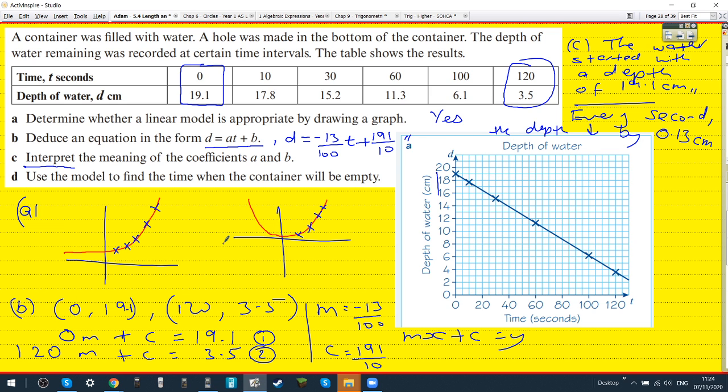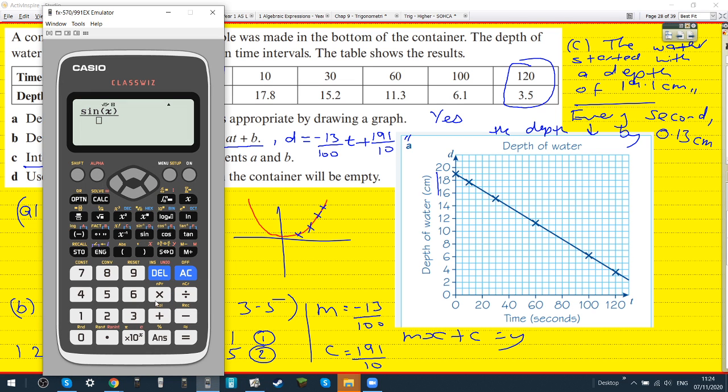So would you have to rearrange the time to be at the front of the equation? You could. So what would you do at that point? Would you substitute the depth of water as 0? Well done.